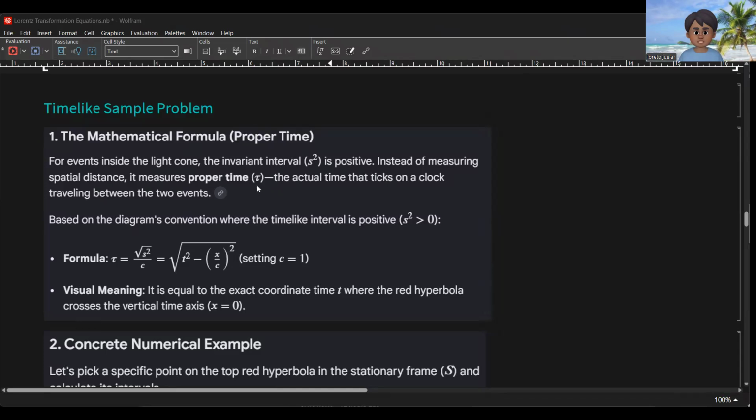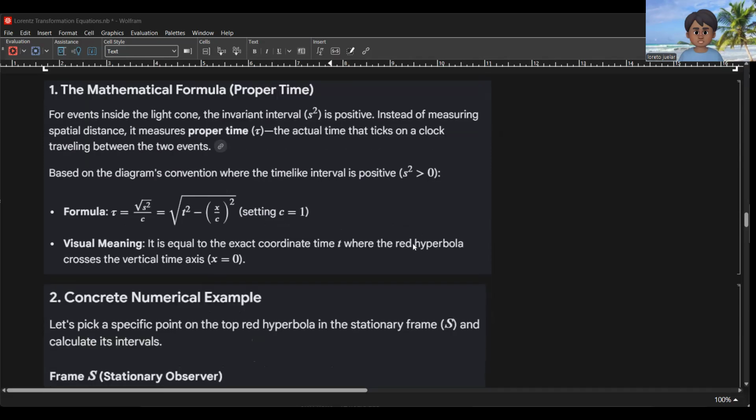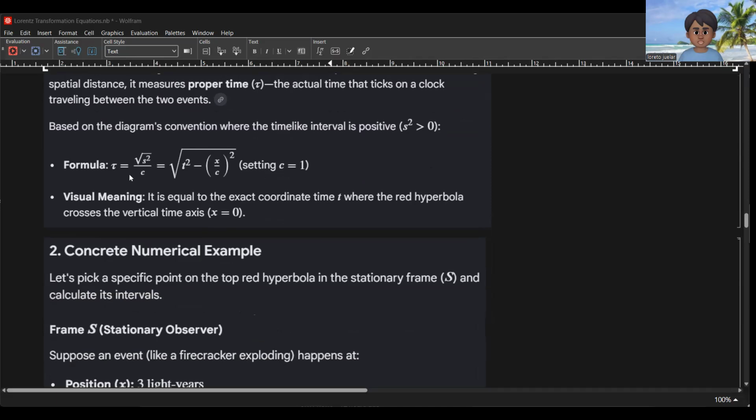So we have the tau here, the representation of the proper time: the actual time that elapses on a clock traveling between the two events. Based on the diagram convention, the time-like interval s squared is greater than zero. So we have the formula here.